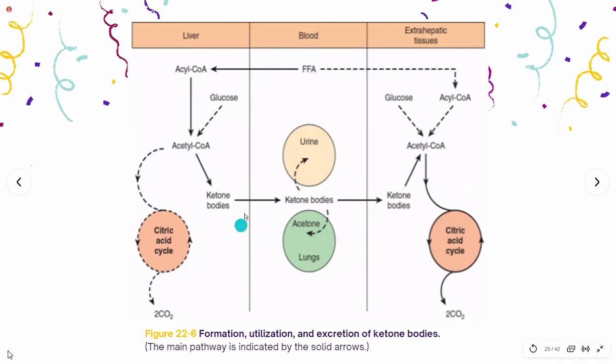What is lacking here? What do these tissues have that the liver does not have? The enzyme that activates the ketone bodies. The liver does not have that enzyme, while other tissues have that enzyme that activates the ketone bodies so that they can be utilized in the Krebs cycle. So there is no activating enzyme in the liver.